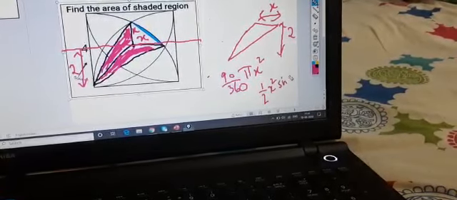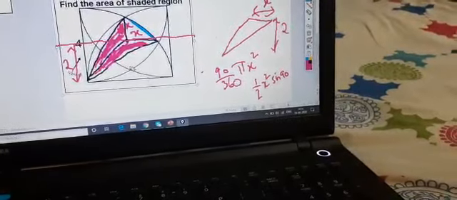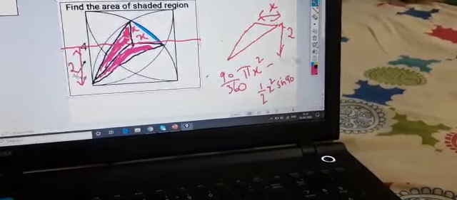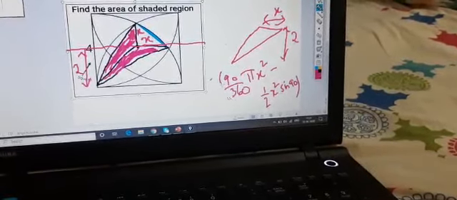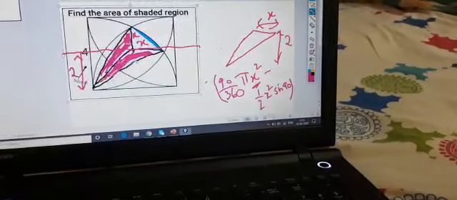Law of sines, half AB sine 90, which is nothing but this is a right triangle, of course, so no need of even sine rule here, which will be half x square. So clearly we already found out area of this part, जो blue वाला part था. ठीक है, so इन दोनों को subtract कर दूंगा, find out x मिल जाएगा, you get the area of triangle.